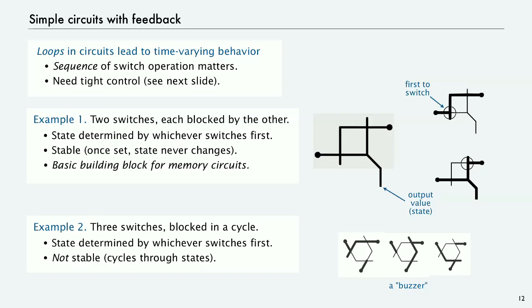That's called a buzzer. And actually, if you build your switches with relays, the physical electromagnets we talked about last time, it actually makes a buzzing sound, and actually old doorbells, or an old sounding buzzer is exactly that. It's just a relay turning on and off through a not stable cycle like this.